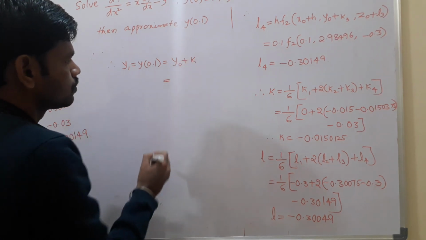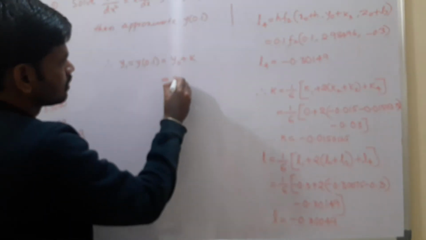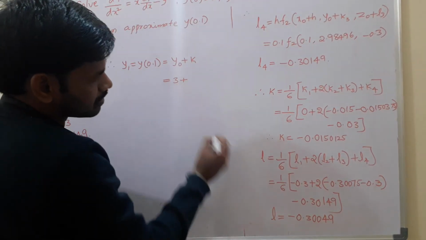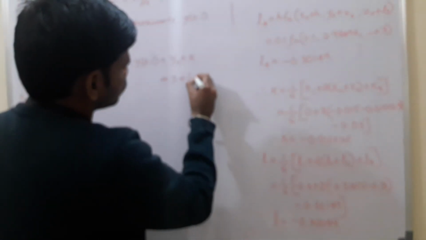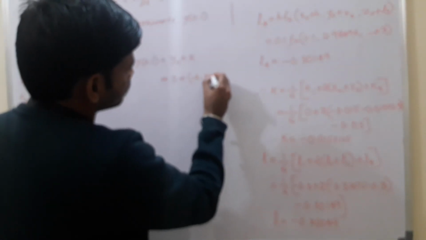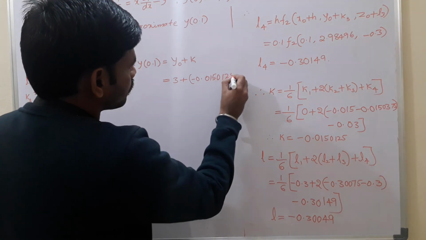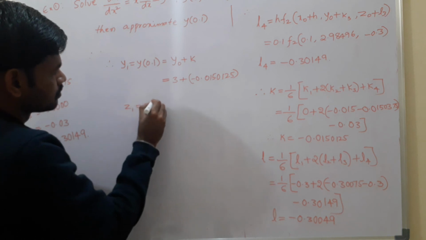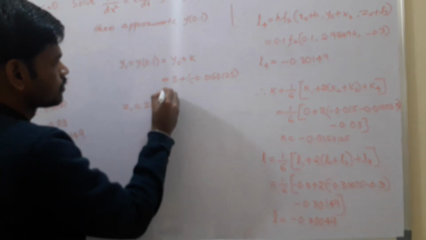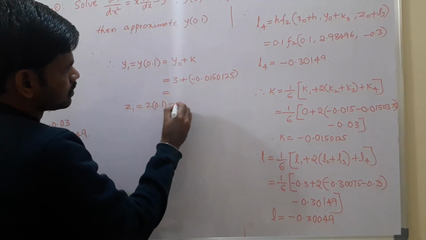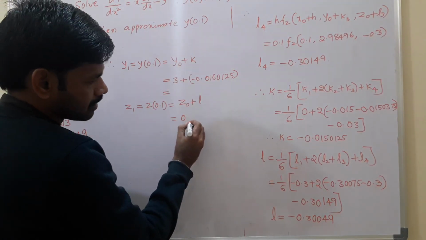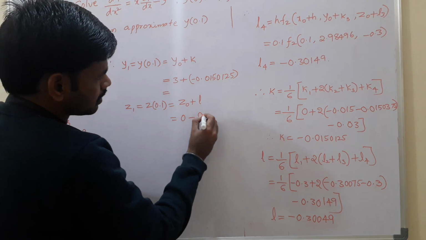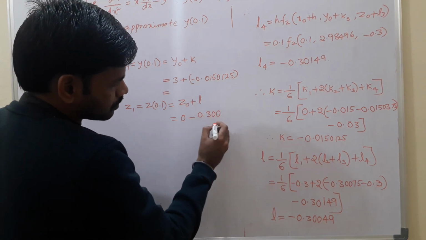So y naught is 3 plus k is minus 0.015025, and z1 is equal to z of 0.1, that is z naught plus l, z naught is 0 plus l is minus 0.30049.